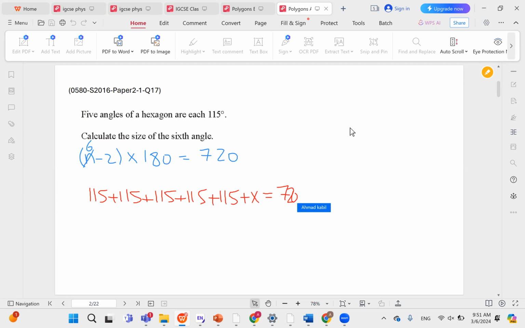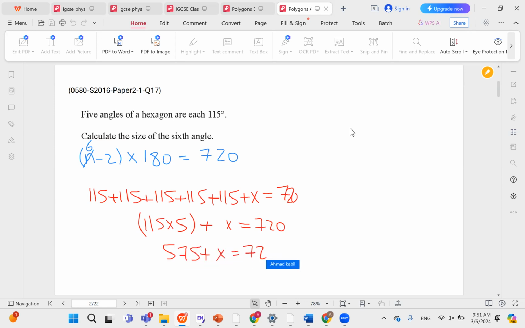Of course, these 5 angles can be written as 115 multiplied by 5 plus x equals 720. So let's figure out 115 times 5 on the calculator. You get 575. So 575 plus x equals 720.